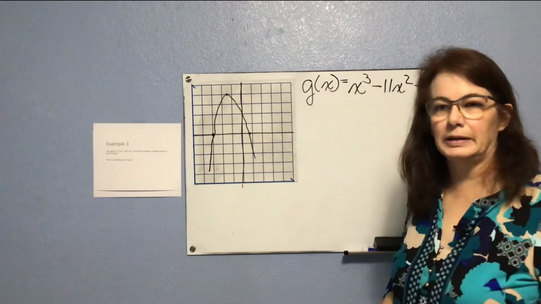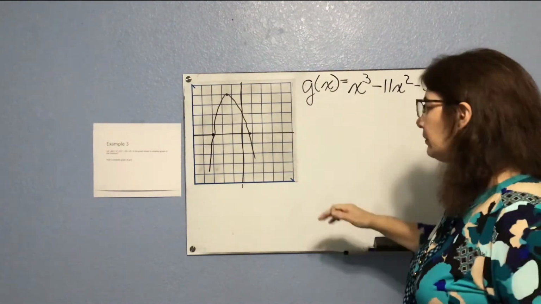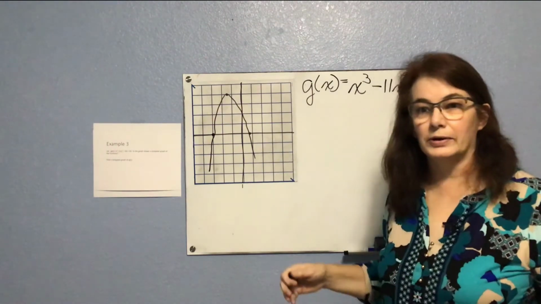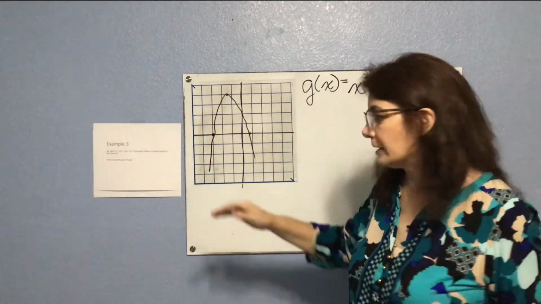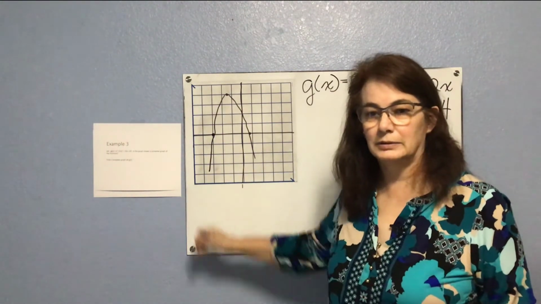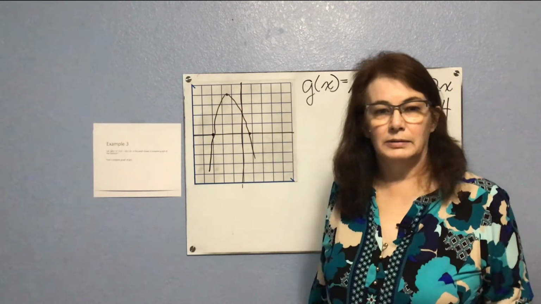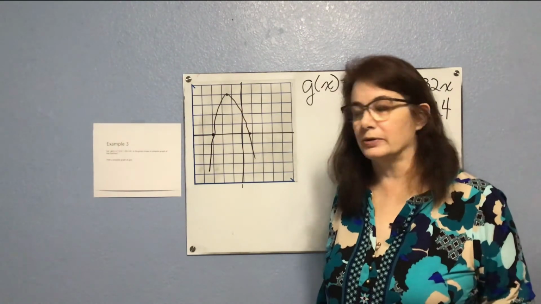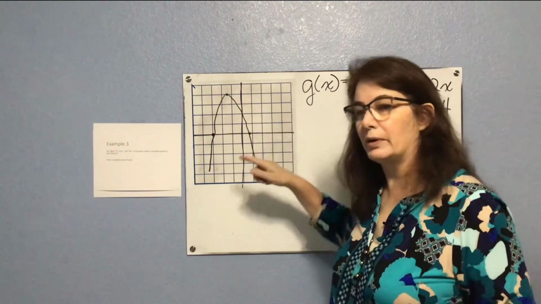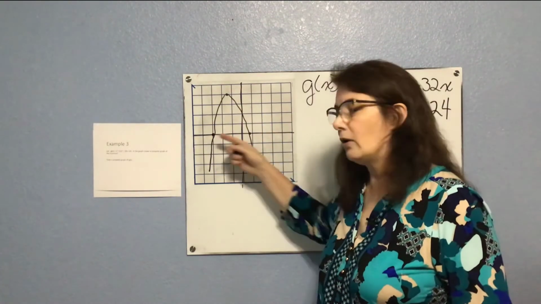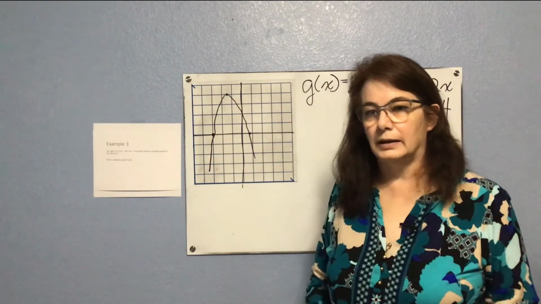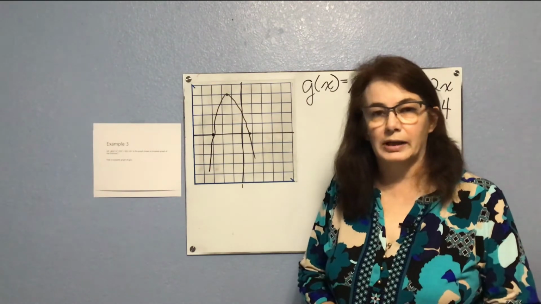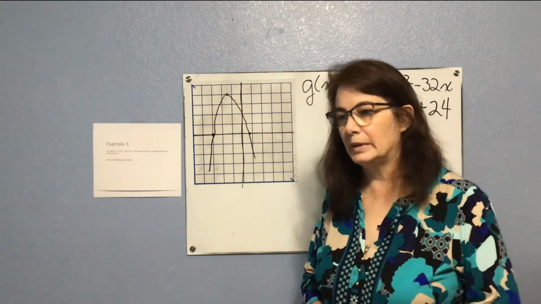When I say complete graph, I know that the function is going to eventually go on and on forever and be pretty much straight part. But for a complete graph, I want to make sure that I've got all of these turning points included and all of the solutions or x-intercepts included as well.